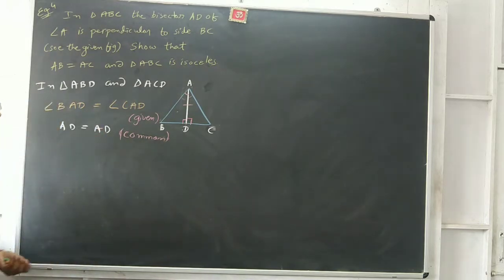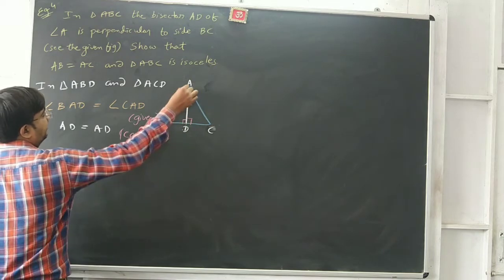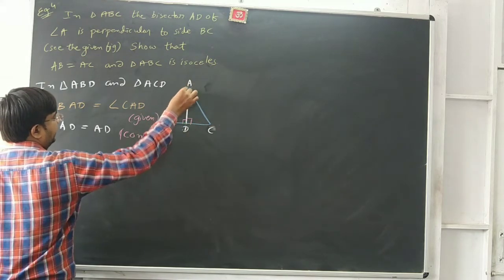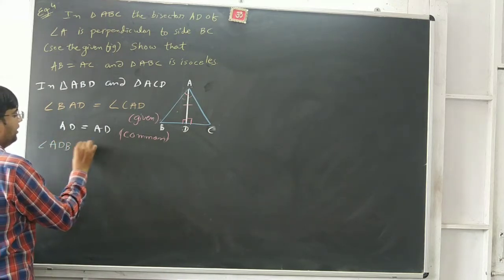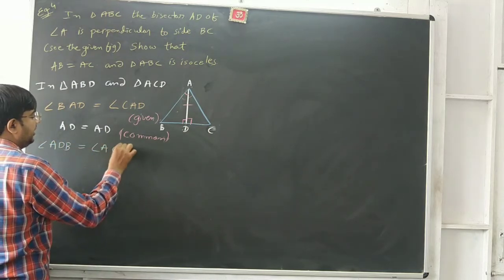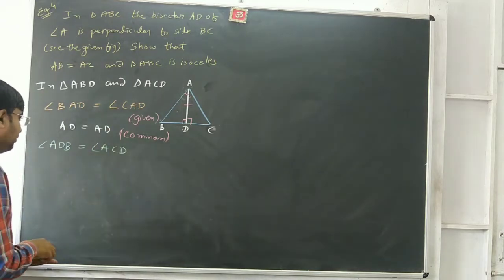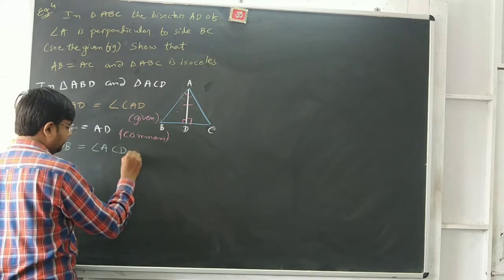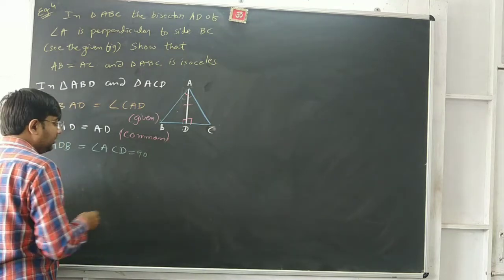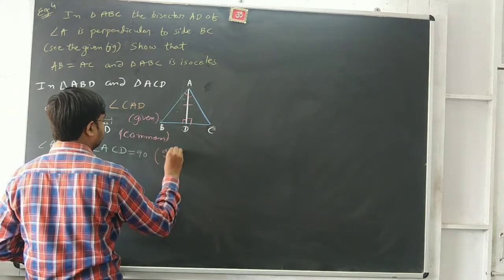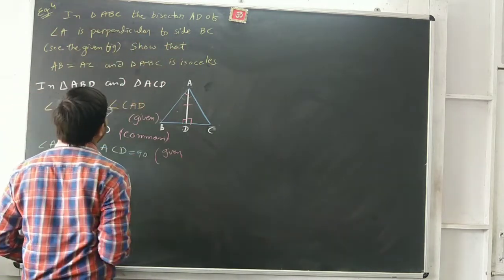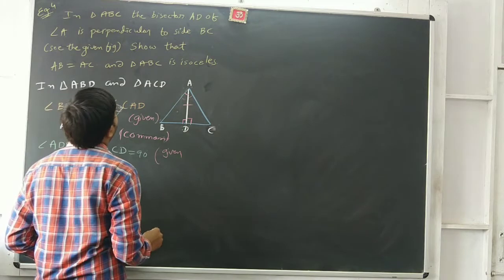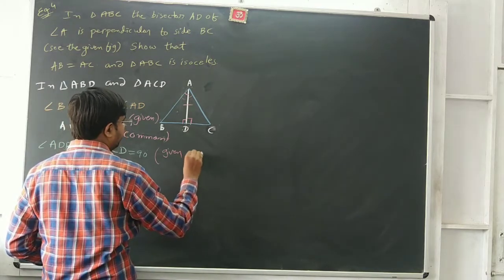And what is the last one? Yes, the 90 degree angle. Angle ADB equals angle ADC, equal to 90 degrees. It is given that AD is perpendicular to the side BC.